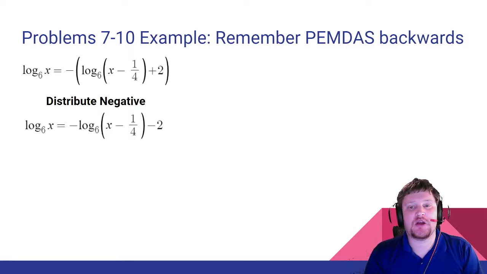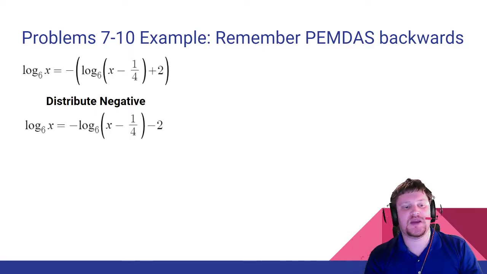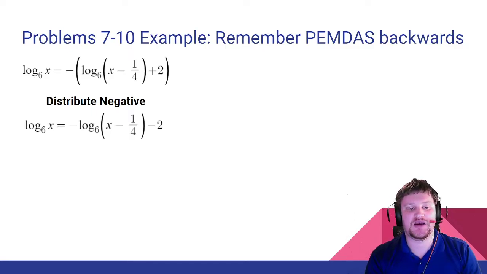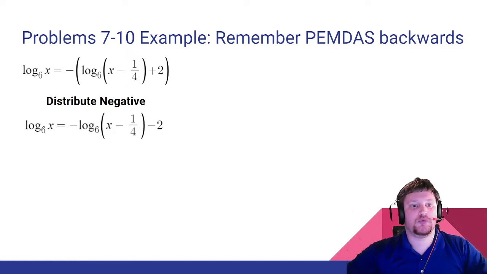Okay, now we've gotten rid of one set of our parentheses. So let's go back to PEMDAS backwards. Is there any addition or subtraction? Well, yeah, I'm subtracting log base 6 of x minus 1 over 4, and I'm also subtracting 2. The question we ask ourselves is, which one do we do the opposite of?